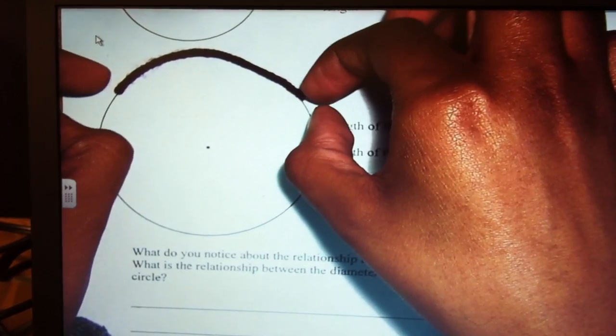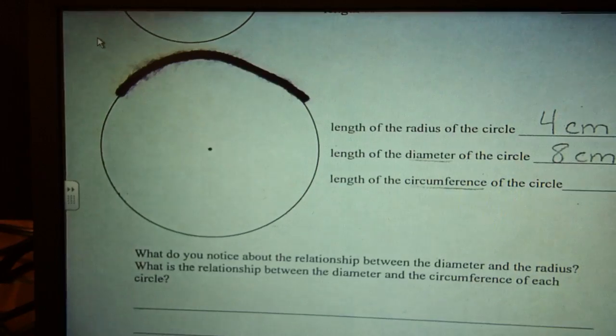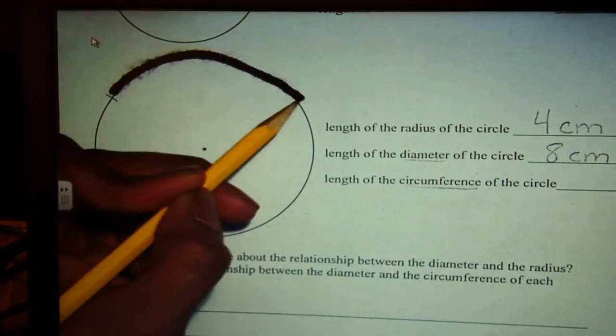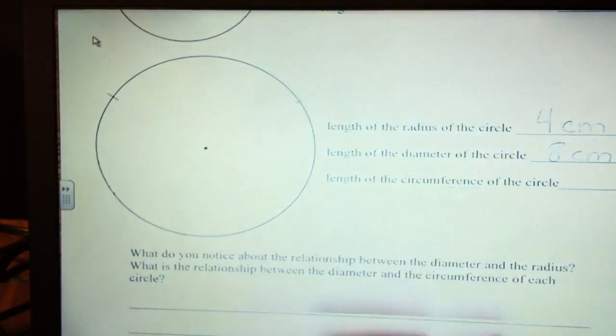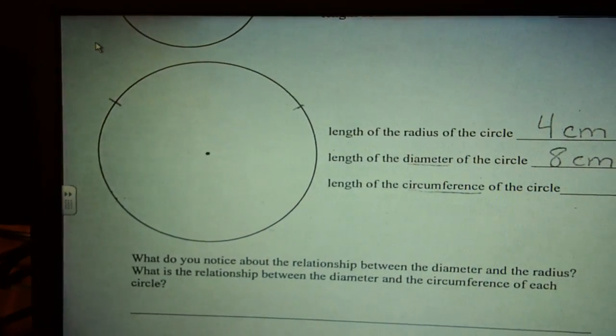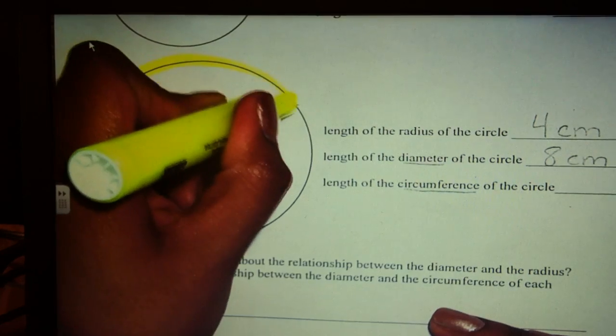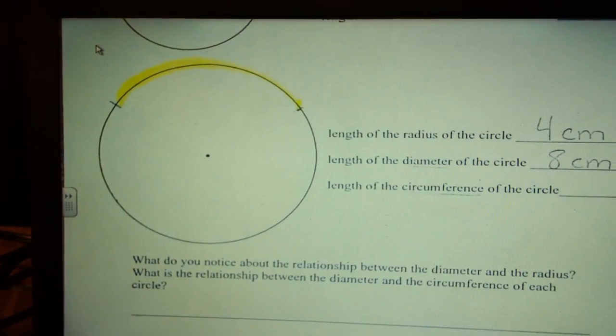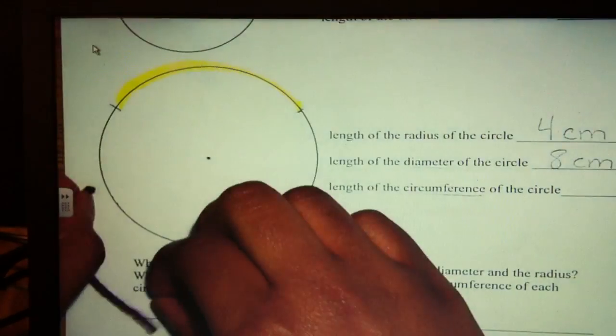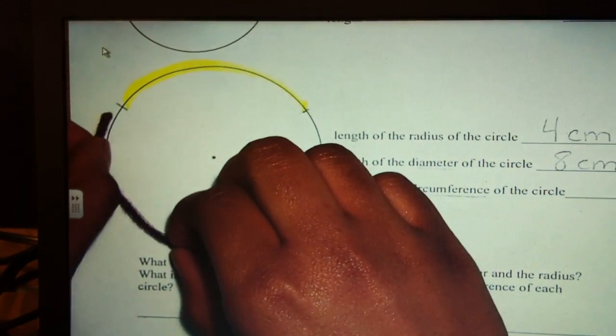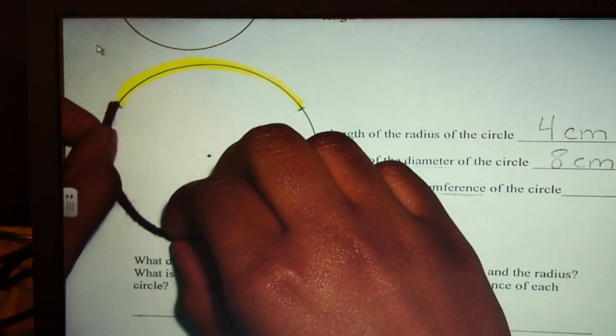We positioned our string, and this was 1 diameter. We highlighted that in yellow. 1 diameter. We did it again. Took our same string that measured 8 centimeters and placed it on our circumference.